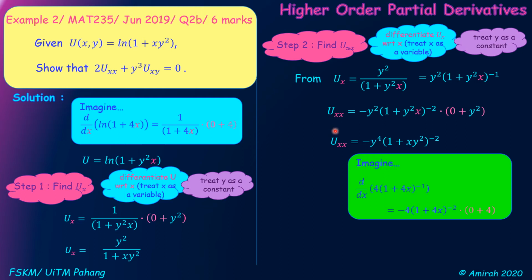So we get u_xx equals negative y² times y², which equals negative y⁴, times (1 + xy²) to the power of negative 2. So now we are done finding u_xx from here. Okay?